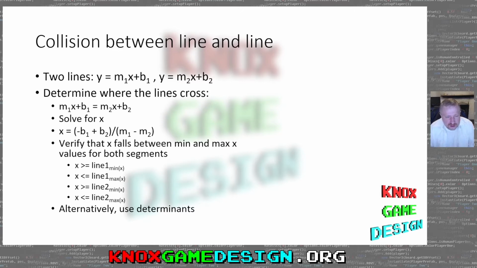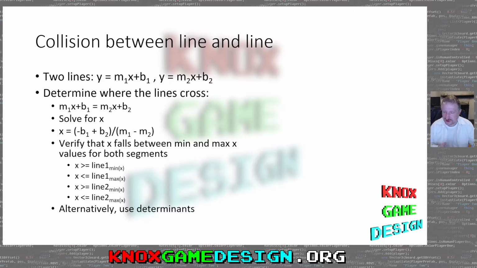So we check if x is greater than or equal to the first line's minimum x, then if x is less than the maximum x of the first line. Then check if x is greater than the minimum x of the second line, and if x is less than its maximum x. If we have two lines that go out into infinity, as long as they aren't parallel, they're going to cross somewhere.